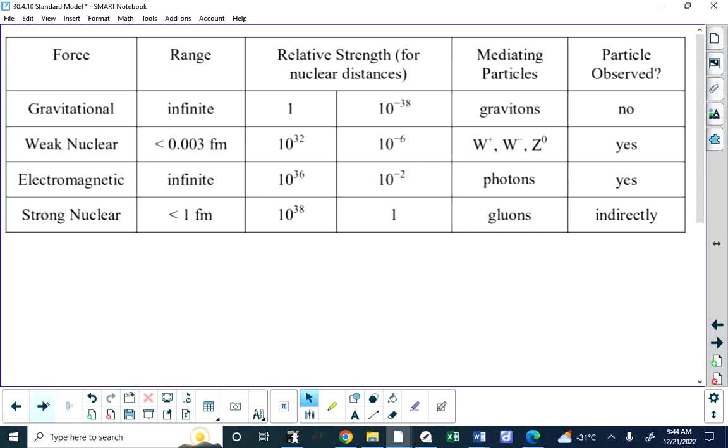Well, I'll just show this to you. These are all called bosons. Okay, let's get that out of the way. It's the only reason why we say W boson and W boson and Z boson, because it's a nice way to describe them rather than saying W minus, W plus, Z zero. But these are all bosons. Remember, the bosons only exist for really, really tiny periods of time, nanoseconds.